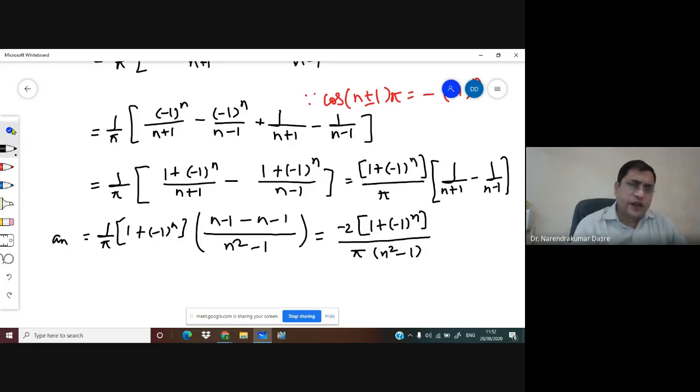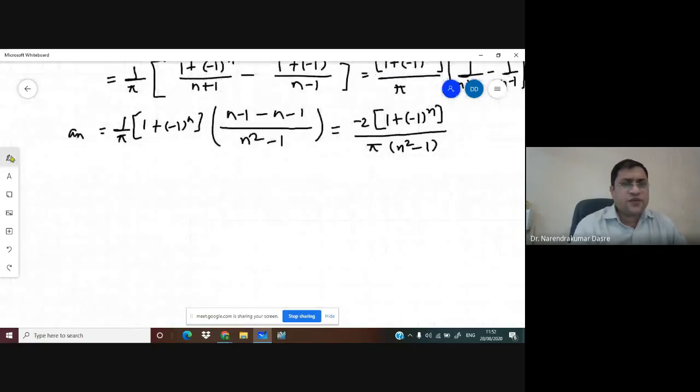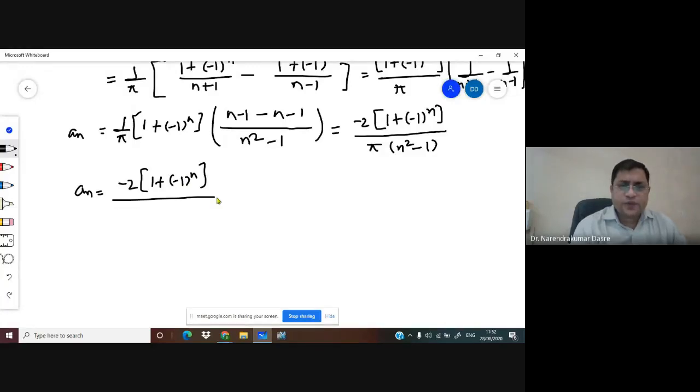Now we get an is equal to minus 2, 1 plus minus 1 raised to n upon pi, and n square minus 1. Now whenever we have this term 1 plus or minus minus 1 raised to n, we have to consider what happens if n is even and what happens if n is odd.